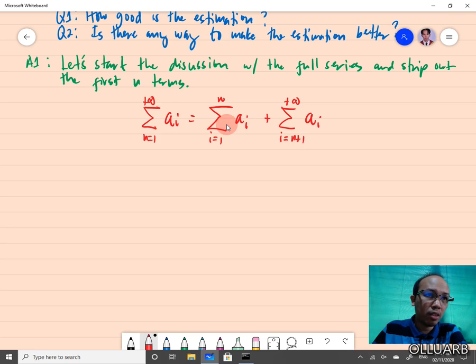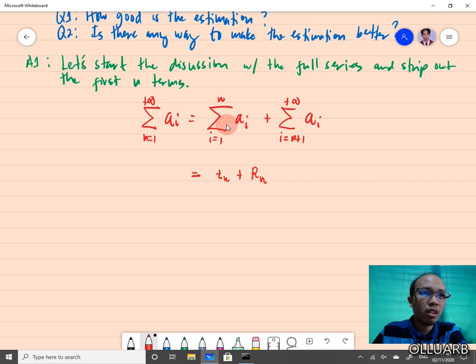is the n partial sum. You can write it this way. This is our t sub n. And the term on the right hand side we will denote by r sub n.